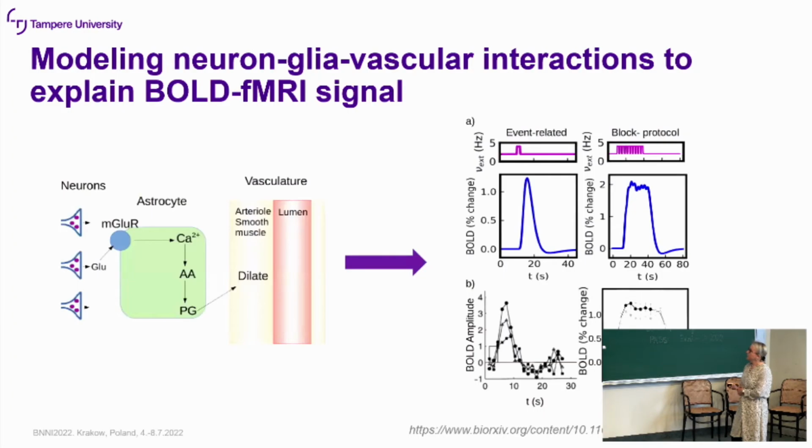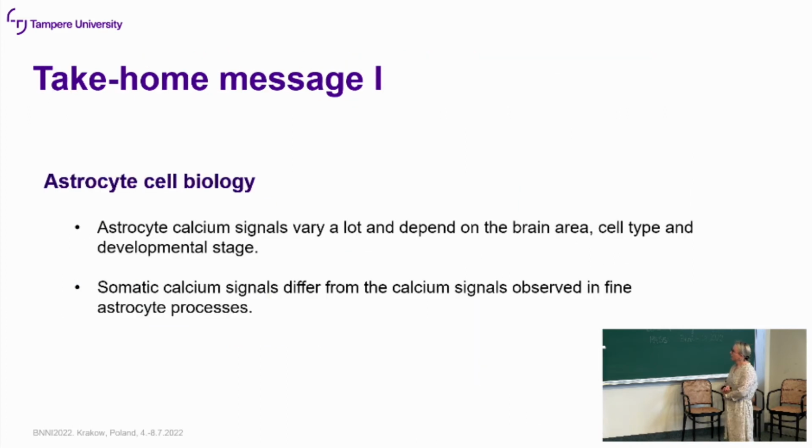There we are interested in modeling the neuronal networks using a mean field approach, and then having relatively biophysical models for astrocytes and vasculature and dilation in order to understand the source of the BOLD fMRI signal. So this was the brief tour through a couple of examples of ongoing work in synapses, networks and brain signals to understand how astrocytes contribute to the phenomena at those levels.